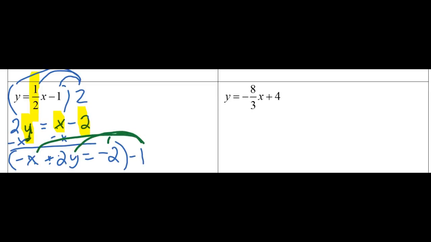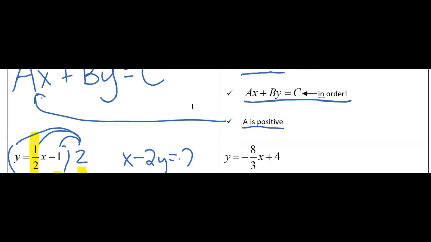So my first one will be negative 1 times negative x is x. Negative 1 by positive 2y is negative 2y. And negative 2 times negative 1 gives me a positive 2. Oops, let me move that back down.